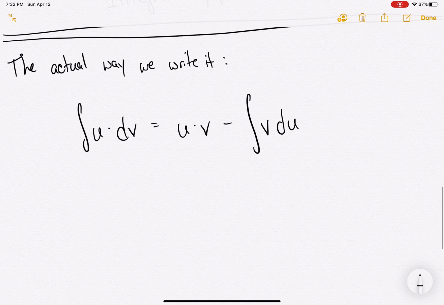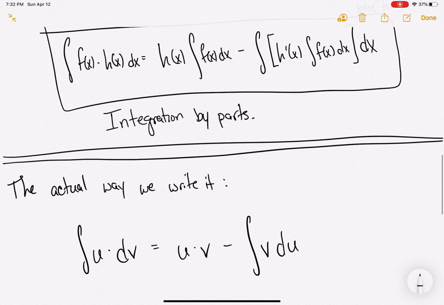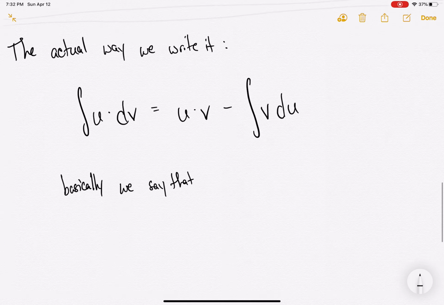Basically, I'll explain why we use it. If I were comparing to the above case, u is playing the role of h and f is playing the role of dv.